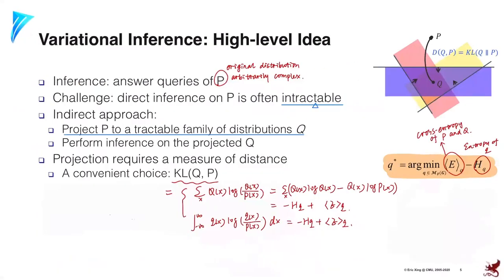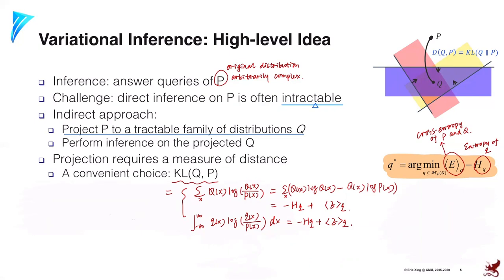Then after we have this general understanding of the variational methods, now let's take a look at the high-level idea of variational inference. So there's a true distribution P that we wish to perform inference on, but sometimes this P can be very complex, and so we can't really do that.